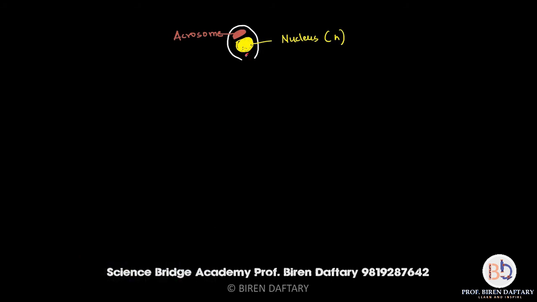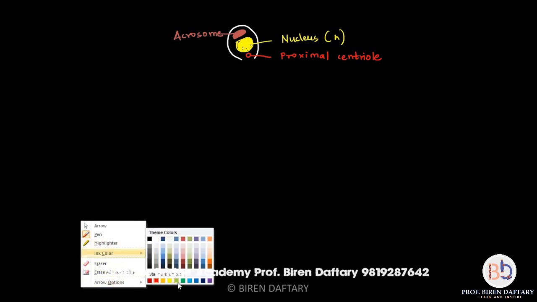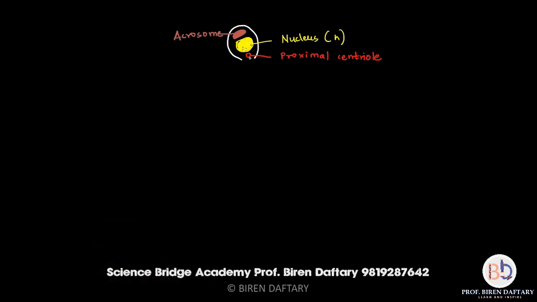This is the anterior centriole, also called the proximal centriole, and below that is the distal centriole. So in the neck region two centrioles are present, the proximal and the distal centriole. The proximal centriole basically helps in the division of the zygote.